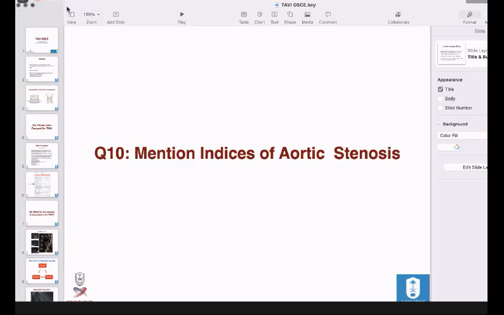I have just one question, and we face it a lot, about the contraindications of TAVI. They mentioned bypass, and sometimes a sophisticated answer is bypass and severe AI. Do we mention it? No, that's why I didn't mention it here. The reason is you might get it in theory, but in the OSCE they don't want to mention it because it's a gray zone.